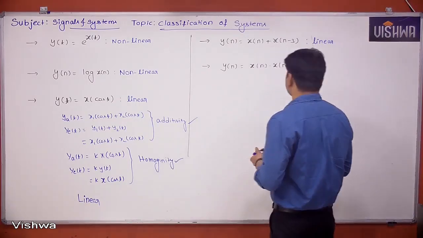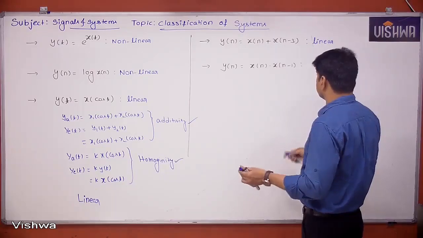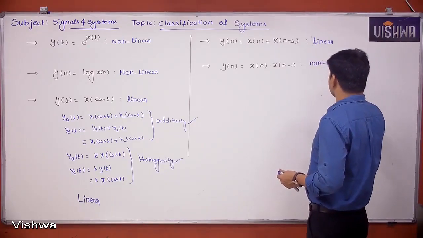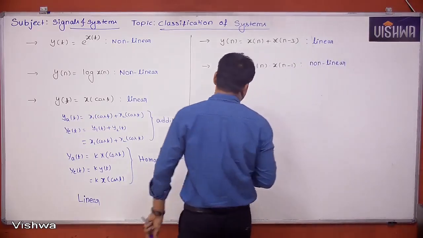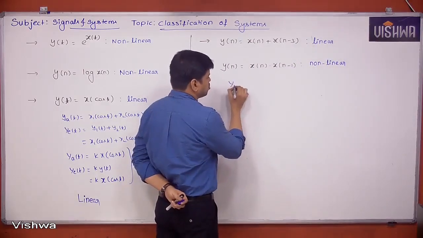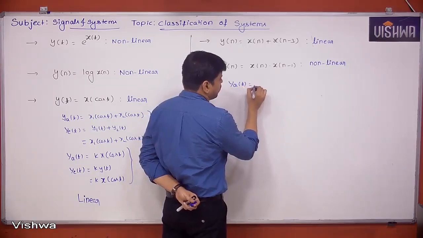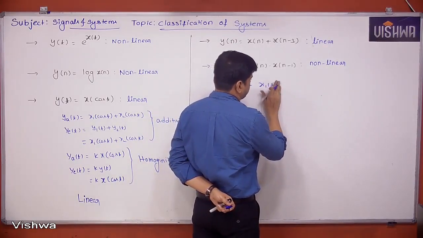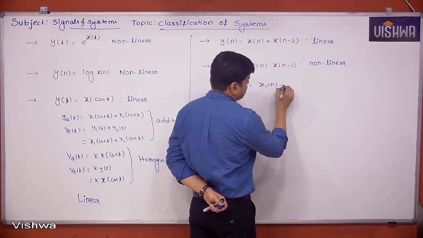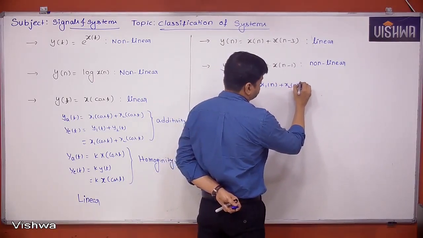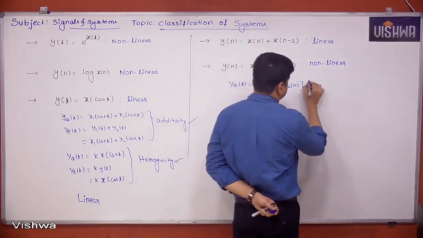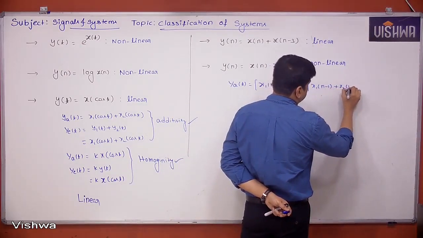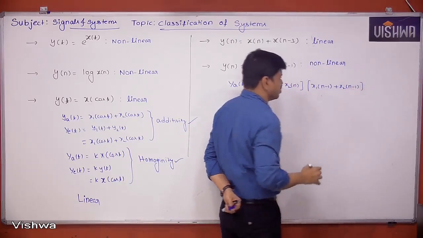Next, y of n is equal to x of n into x of n minus 1. Then this is going to be a non-linear system. I will prove it now. Non-linear. How, sir? Let's check it out. The actual output in the additivity principle: wherever x is there, that has to be replaced with x1 of n plus x2 of n, multiplied with x1 of n minus 1 plus x2 of n minus 1.